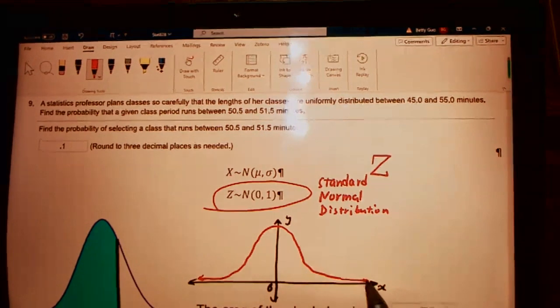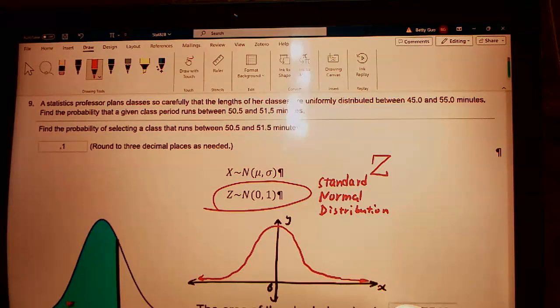As you can see, I have an arrowhead here, and I also have an arrowhead here, which means it continues in both directions. The x-axis actually is a horizontal asymptote of this curve. It's a bell-shaped curve, symmetric with respect to the y-axis because the center of the curve is 0. So that is the density curve of a standard normally distributed random variable Z.